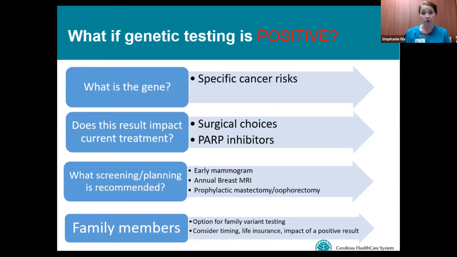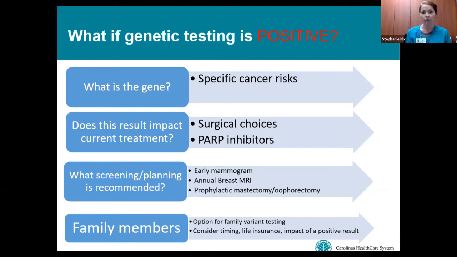So if the woman is currently undergoing treatment for breast cancer, then what we want to think about is, do we need to alter what we consider for surgical options? It's never a requirement to do a mastectomy just because a genetic test result comes back positive and indicates an increased risk to have more cancer, but it's an option.